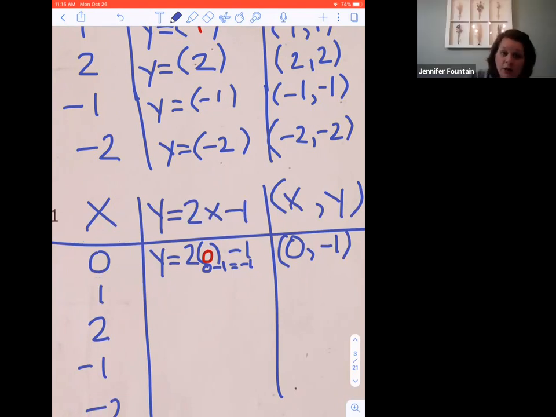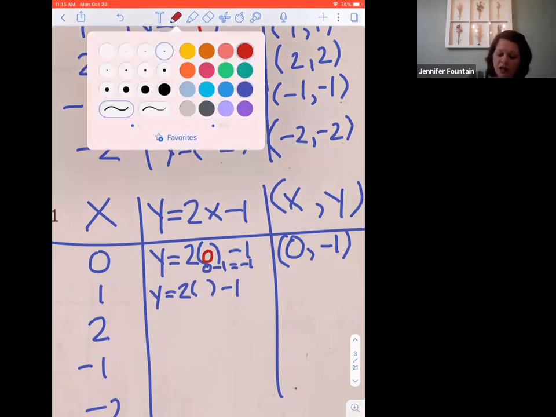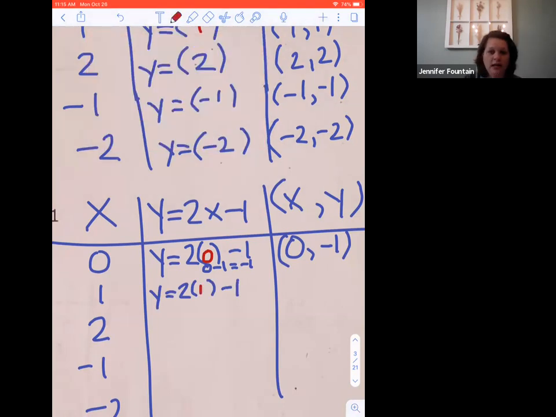For my x value of 1, I'm going to have y equals 2 times, I'm going to use my parentheses, minus 1. Then I'm going to plug in a 1 in parentheses. I'm going to do my calculations. 2 times 1 is 2. 2 minus 1 equals 1. So in this situation, when x is 1, y is also 1.